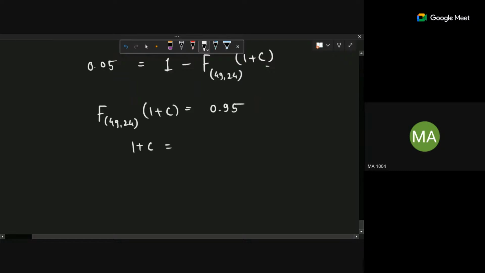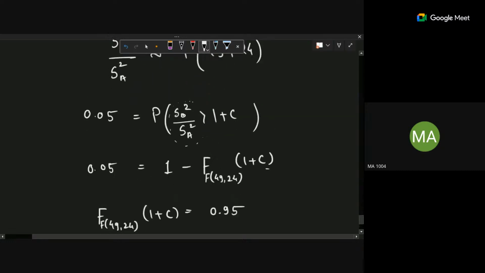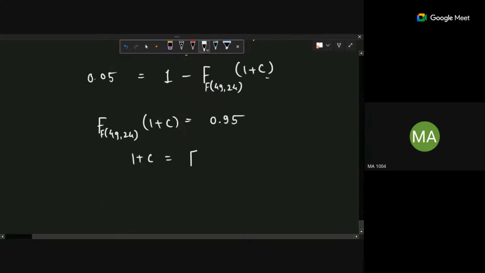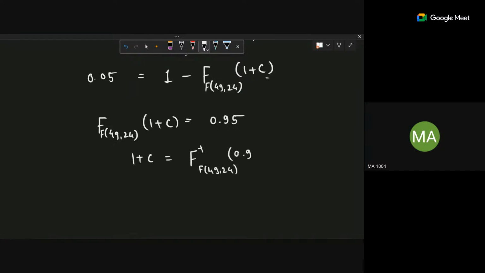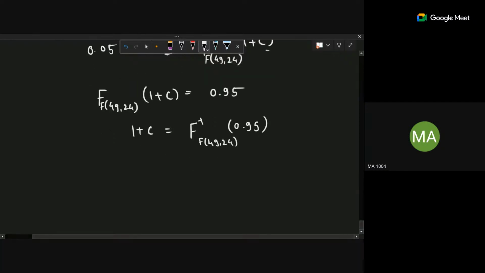As it is an F distribution, we denote it like that. That is given to us as 1.86, so 1 plus C is equal to 1.86.